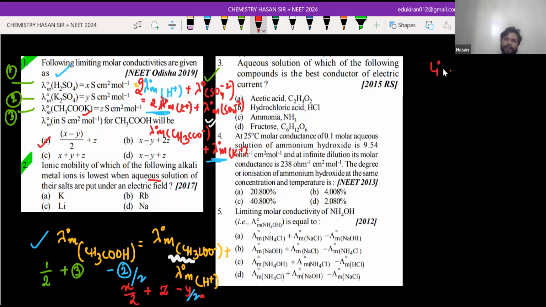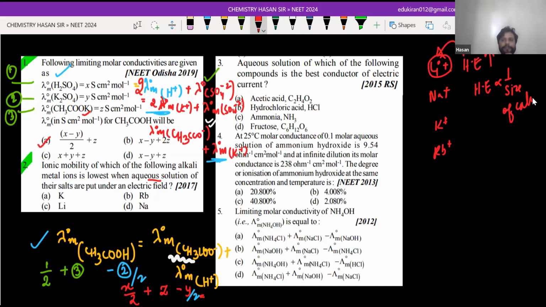So see, if we have Li plus, Na plus, K plus, and Rb plus, when you dip them in aqueous solution, due to hydration energy, the smallest ion, lithium, will have the greatest hydration energy. Basically, hydration enthalpy is inversely proportional to the size of the cation.